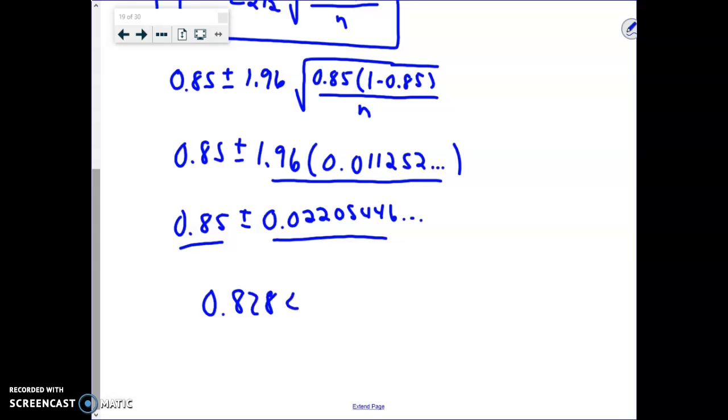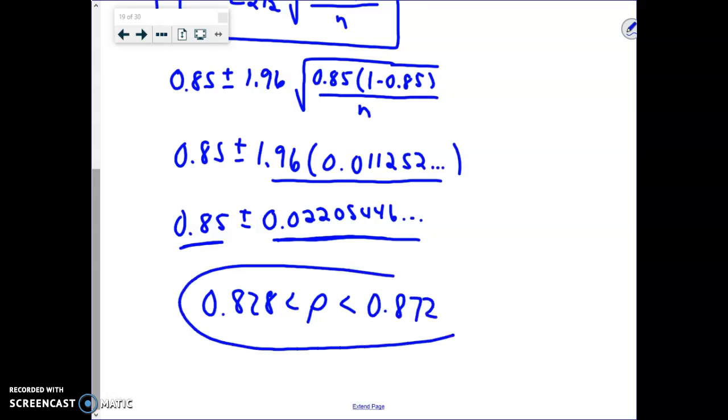This is less than rho, because that's what we're estimating, the population parameter. And then if I take my p hat, 0.85, plus this value, rounded to 3 significant digits, I get 0.872. So right there is my confidence interval for the proportion of all adults who know what Twitter is. It's somewhere between 82.8% and 87.2% with a 95% degree of confidence.